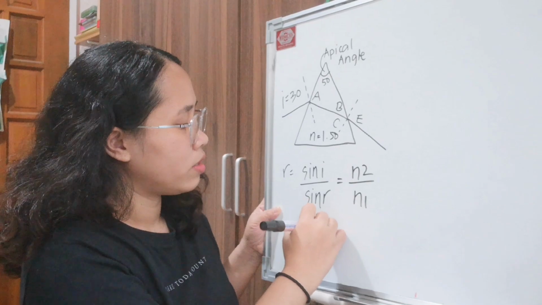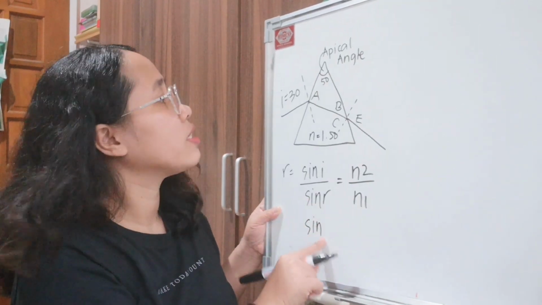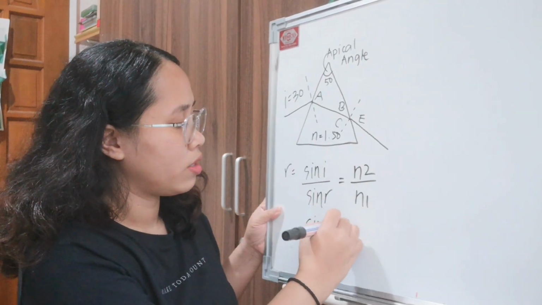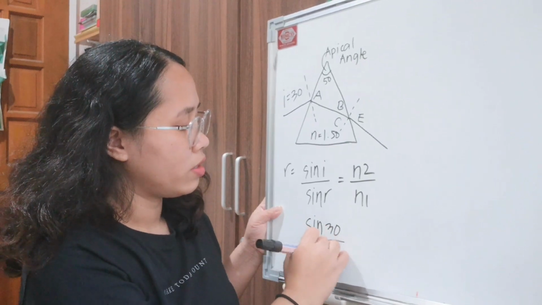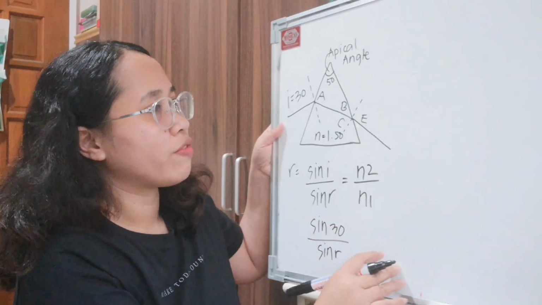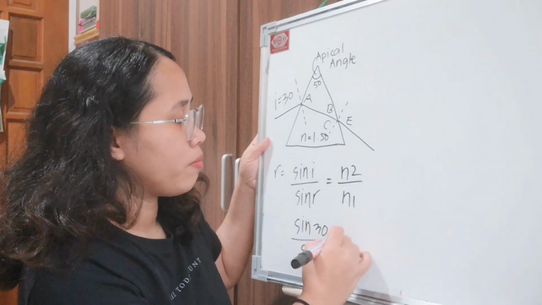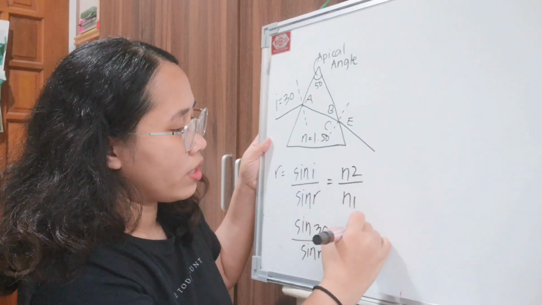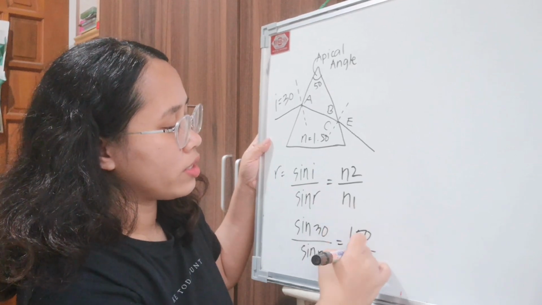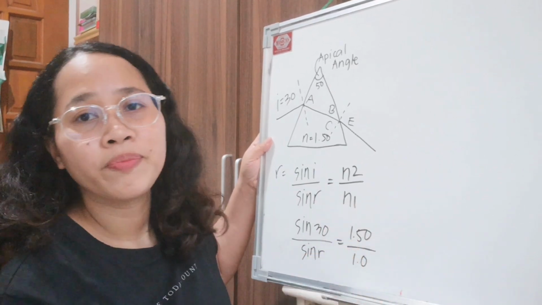The sine of incidence is 30 over sine R. The sine of refraction is unknown, we are still computing it. N2 is 1.50, and N1 is 1.0 again.